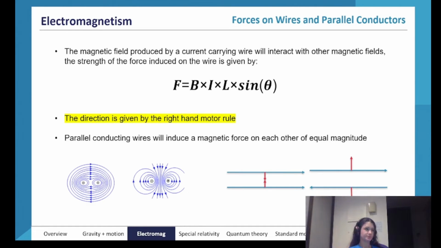So, a current carrying wire is going to generate a magnetic field, of course.